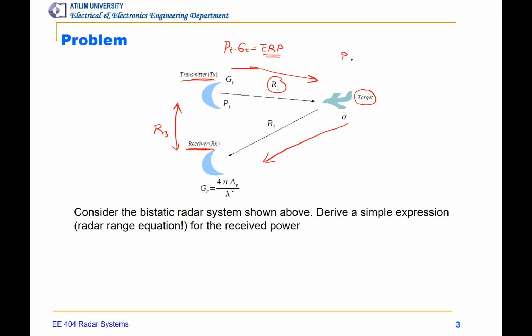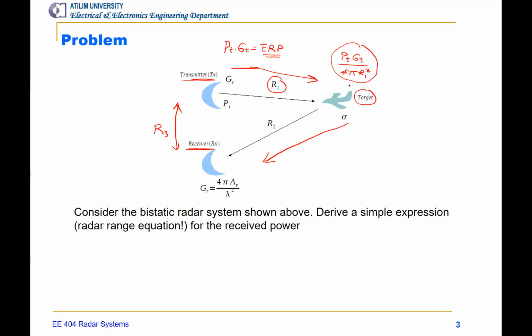So the power density here is going to be PT GT divided by the surface area of the sphere at the range of the target. So this is going to be the power density around the target.